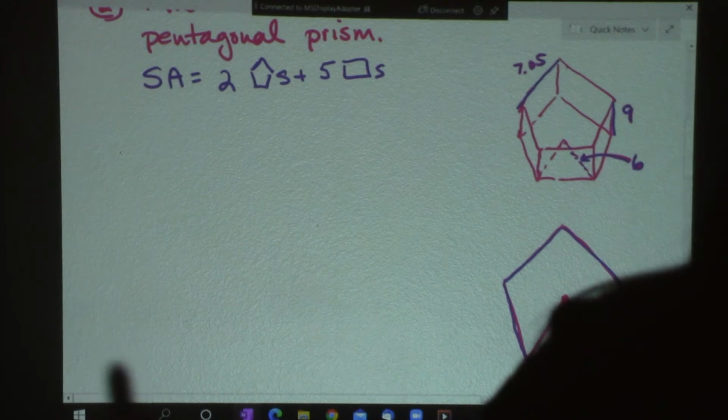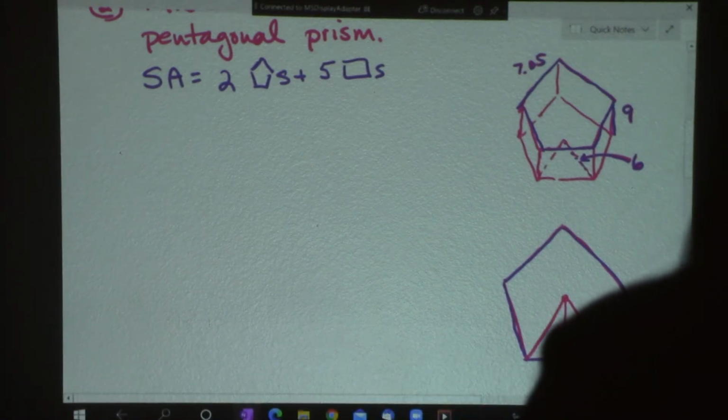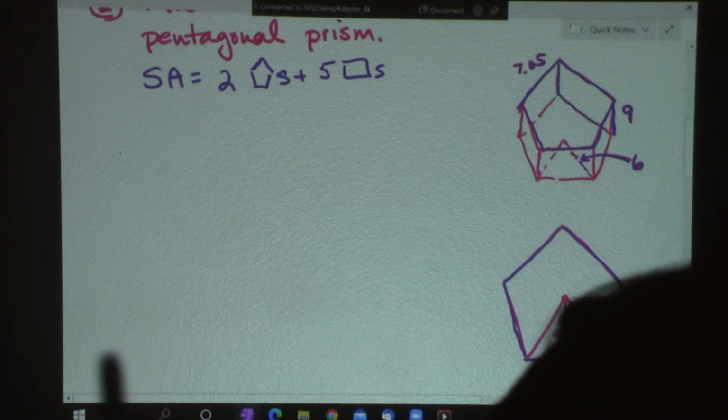So every side all the way around is the same. And the height is the same. So when I'm figuring out, like right here, one of these rectangles, they're all going to have 7.05 for that, and they're all going to have a height of 9 all the way around.